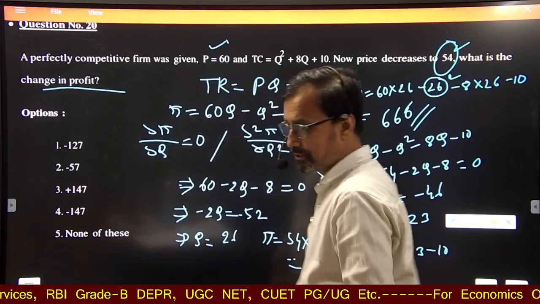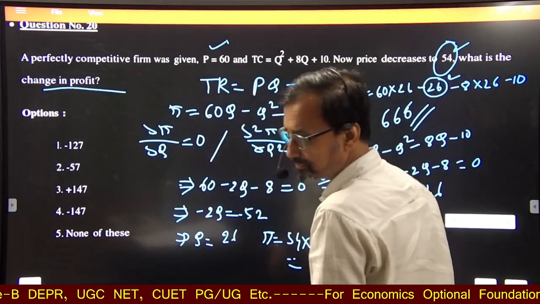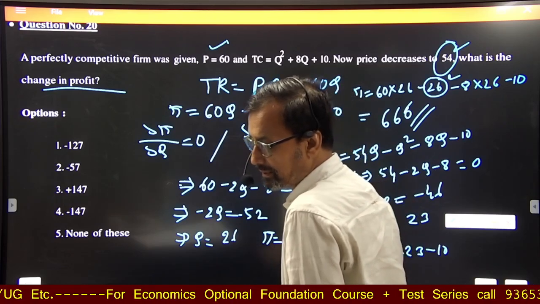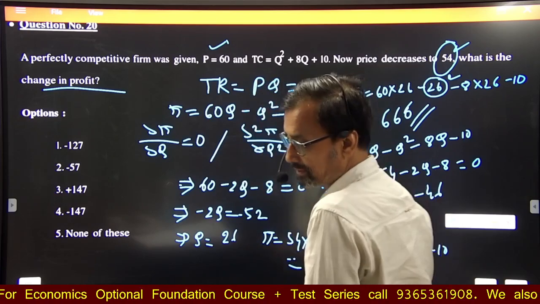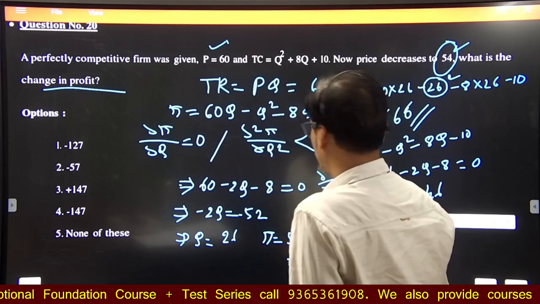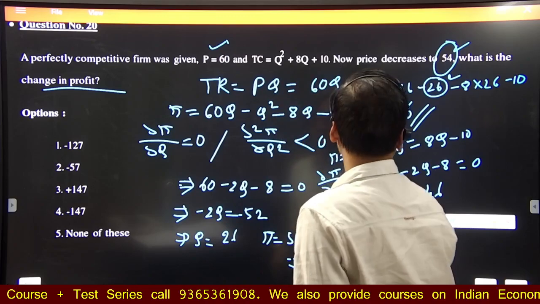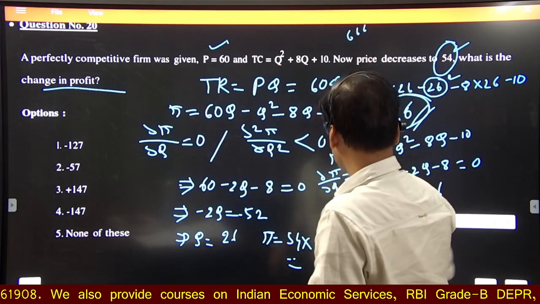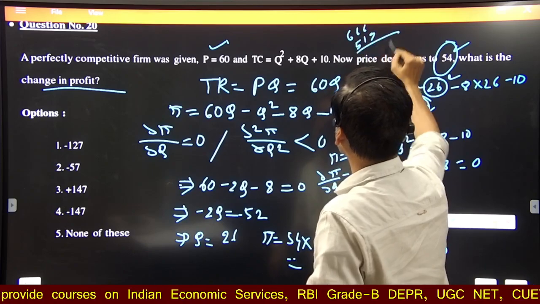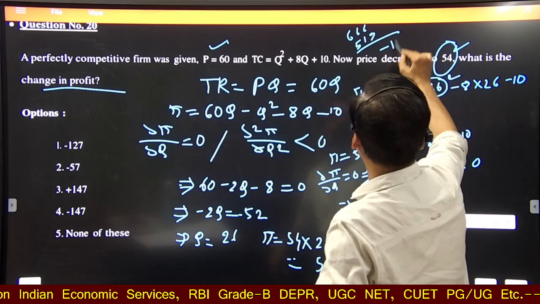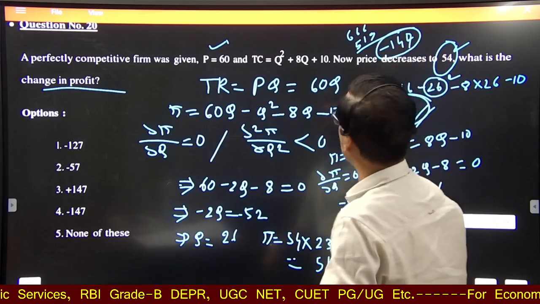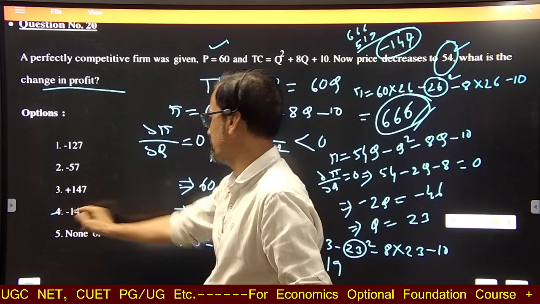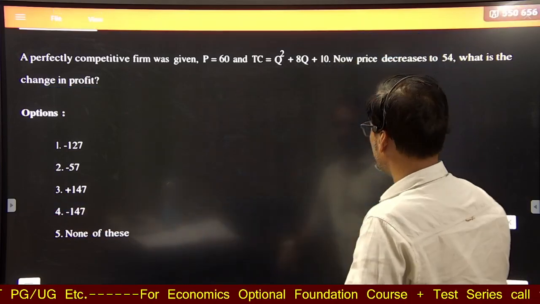So after solving this one, we will get 519 profit. So the old profit is 666, the new profit is 519. So what is the difference? Minus 147. After the price declines to 54, profit will decline by 147, that is 140-something. So the answer is option 4. This is the correct answer.